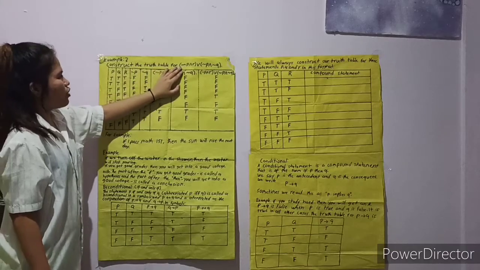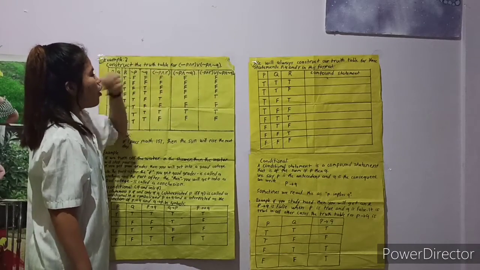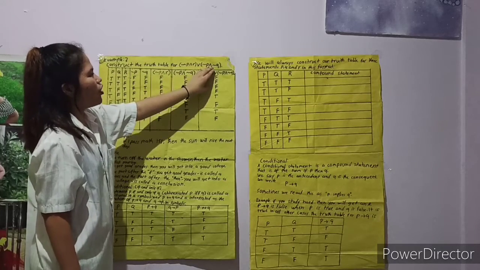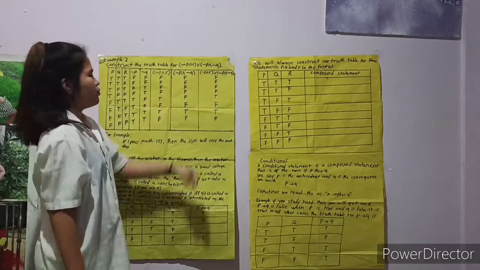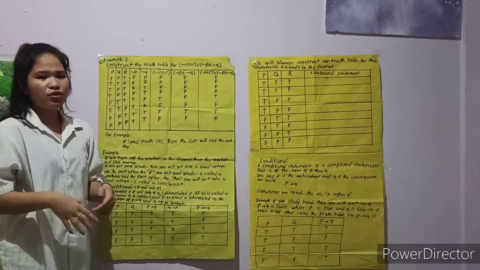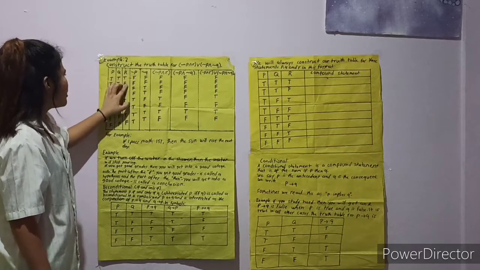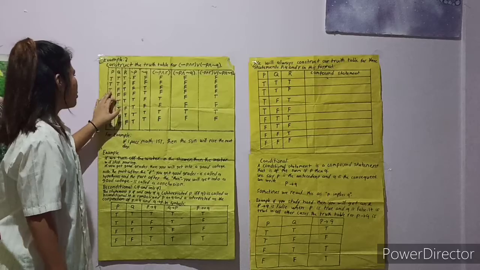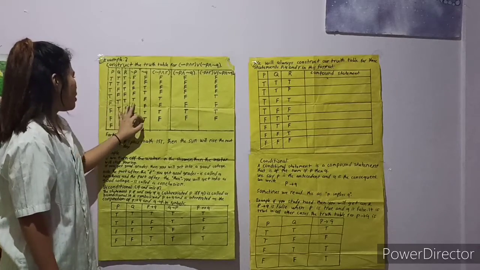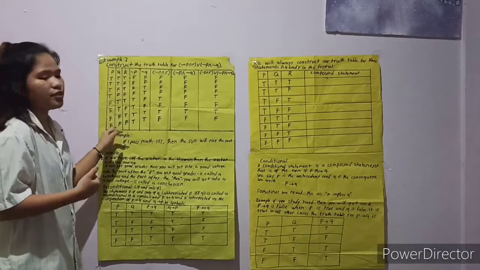Construct the truth table for negation of P and R, or R and negation of P or negation of Q. In this table, the first thing to do is to negate the first statement. The true becomes false, true becomes false, true becomes false, true becomes false, false becomes true, false becomes true, false becomes true, false becomes true.